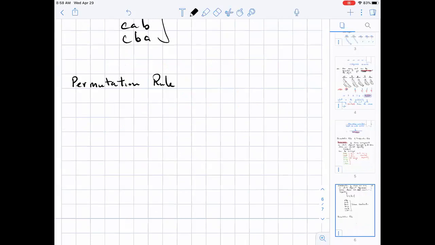If we look at the permutation rule, there is a formula, and the way we write it is N permutation R, with small letters at the bottom of the P, sort of like a subscript. And this here is the formula: N factorial divided by N minus R quantity factorial.